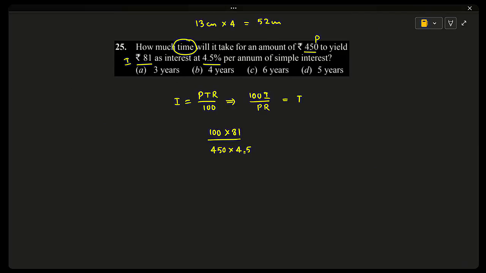So I can delete this decimal point and I have to introduce 10 here. Now this 0 0 we can cancel, and 9, yes, 5 nines are 45, 5 into 20. Next 9 nines are 81, 9 fives are 45, 5 fours are 20, and finally we got the time is 4 years. That is option B.